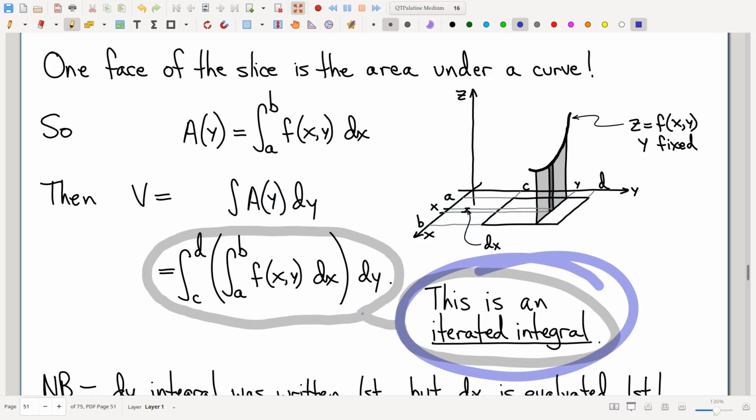My little personal quibble with this terminology is we're not quite technically iterating because they're two different kinds of integrals. They're integrals going in different directions, right? So I prefer the term nested integral because it's literally an integral inside of another integral. I tried to popularize that term. It didn't go anywhere. So I think we're stuck with this term. It's not perfect, but it is what it is. So anyway, that's the term.